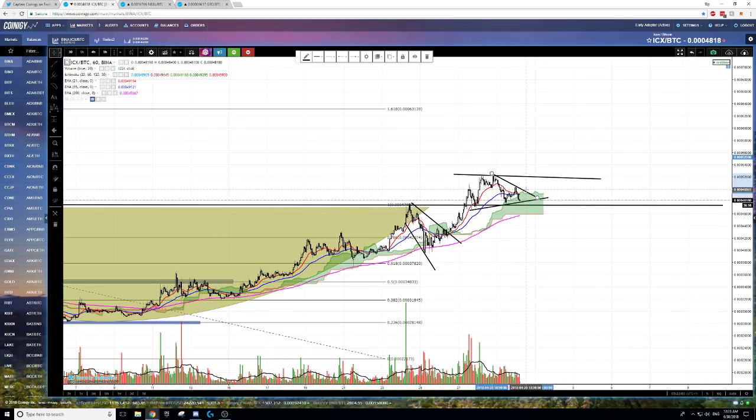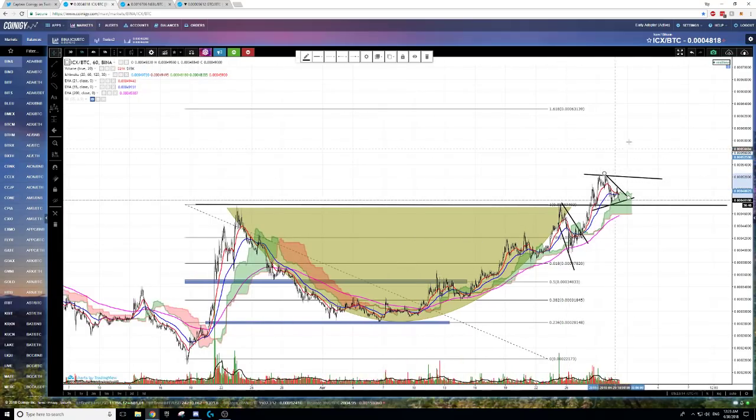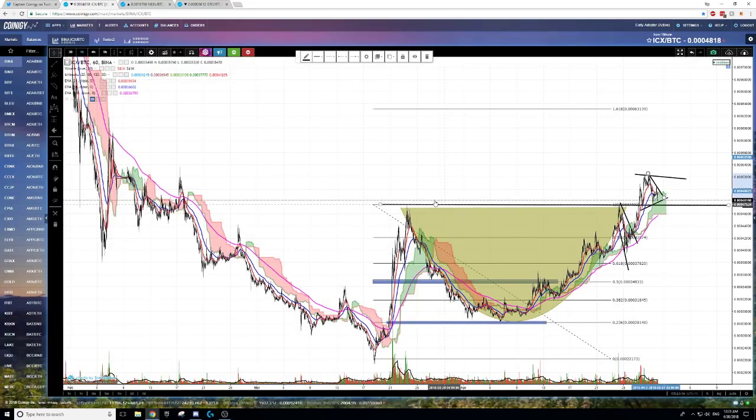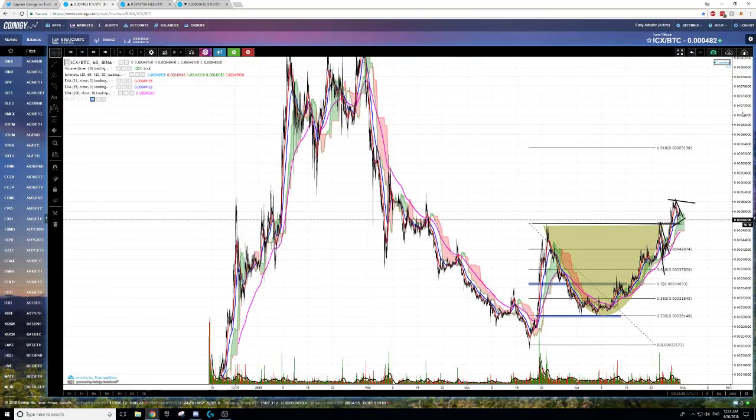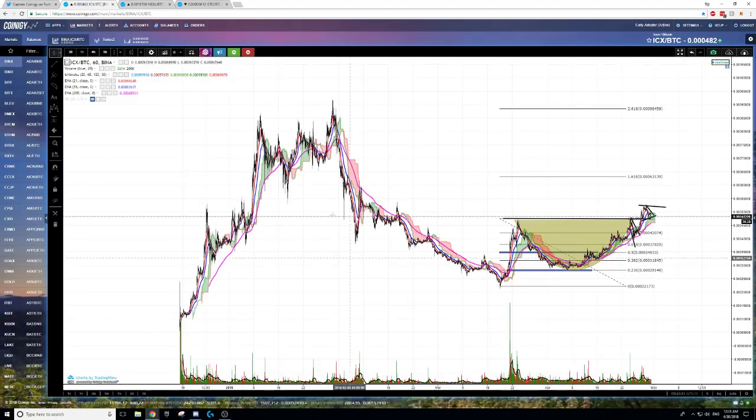If you're a day trader just trying to make tiny little profits, you could buy here and sell here for a little under 10%. But based on the size of this cup and handle pattern, the breakouts are normally relative in size, so you would see a breakout much higher. As far as targets are concerned, you can look back here.